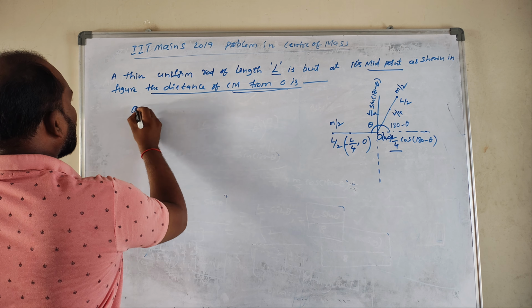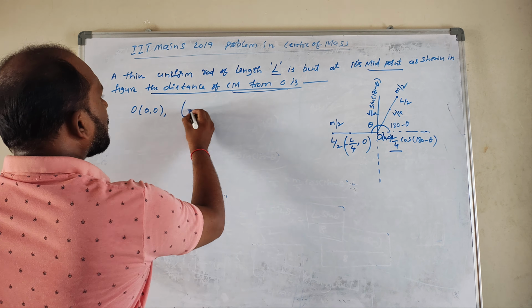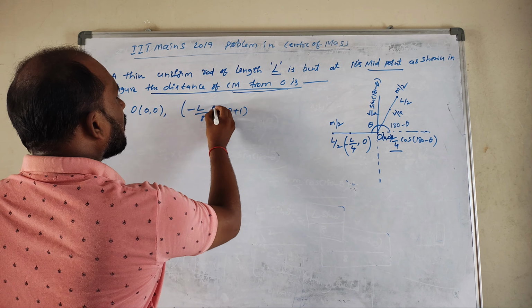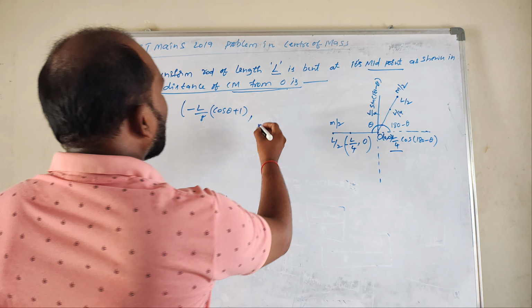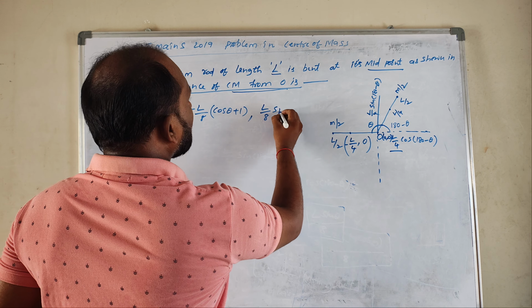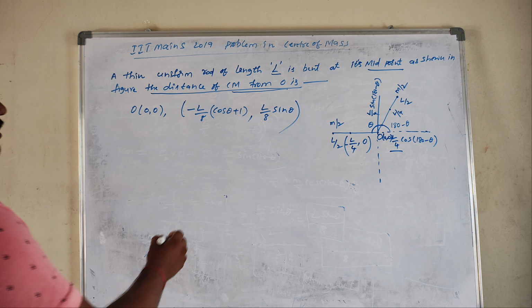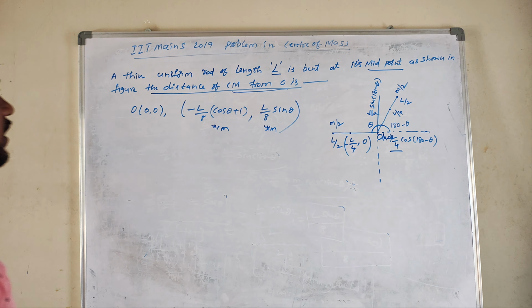So first one is 0 comma 0. Second one, what you get, guys? Minus L by 8 (cos theta plus 1). And what is the YCM, guys? Just now we got L by 8 sin theta. So this is XCM and YCM.